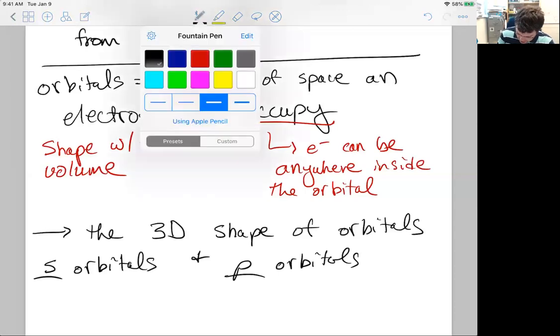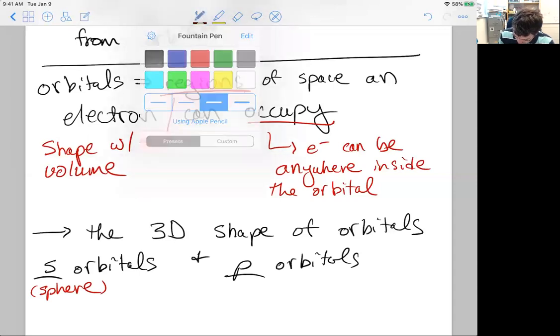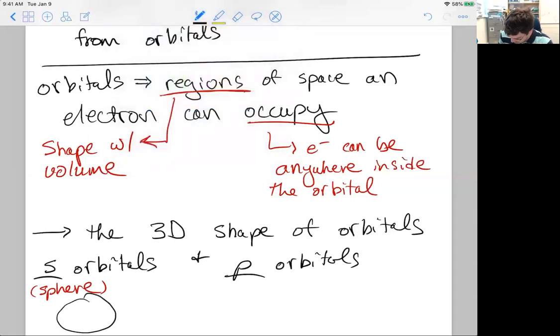S has the shape of a sphere. Now, I'll do my best to draw a sphere on a two-dimensional plane. So just a circle, and then you can add whatever features you want to make sure that you know that it's actually a three-dimensional shape.